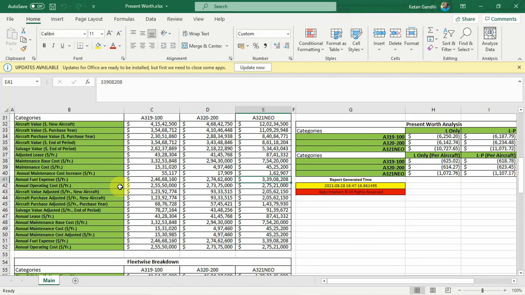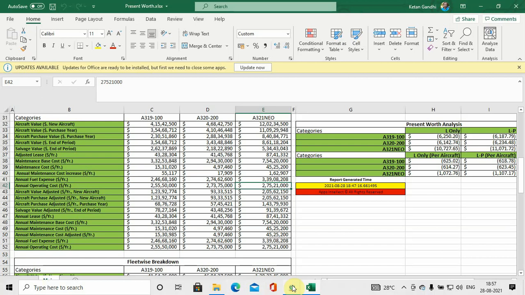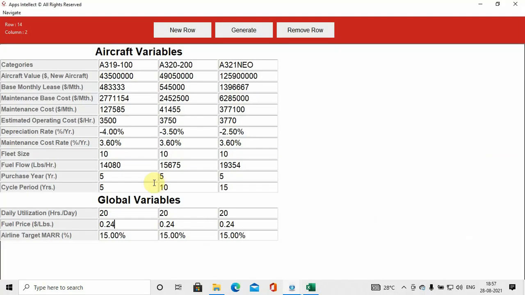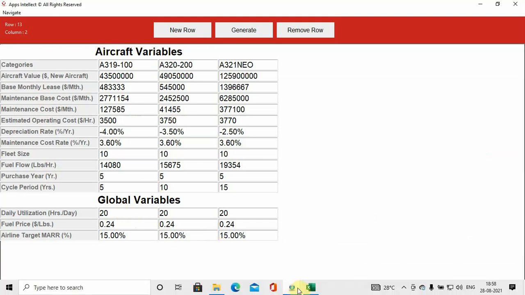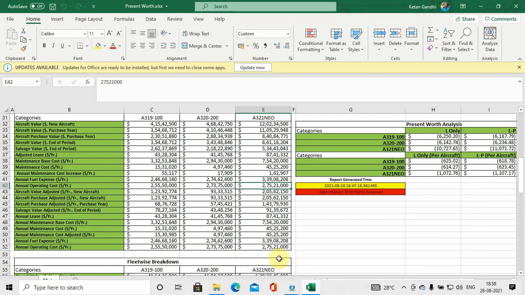So this is the way annual fuel expense is calculated. And then we'll have annual operating cost. The annual operating cost is also calculated based on these parameters: the estimated operating cost per hour, then the daily aircraft utilization per day, multiplied by 365.